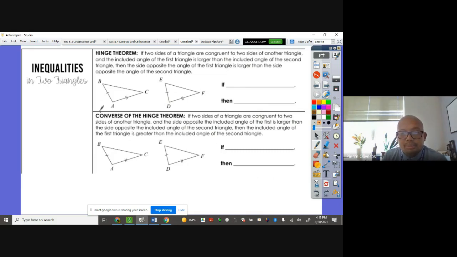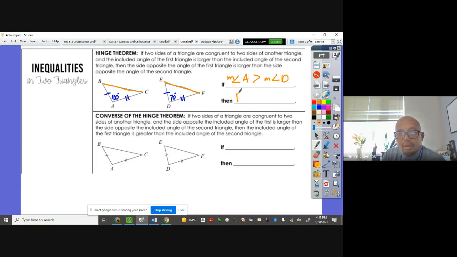So if BA is congruent to ED, AC is congruent to DF, and let's say A is 100 degrees, D is only 70 degrees. We know that measurement A is greater than the measurement of D.